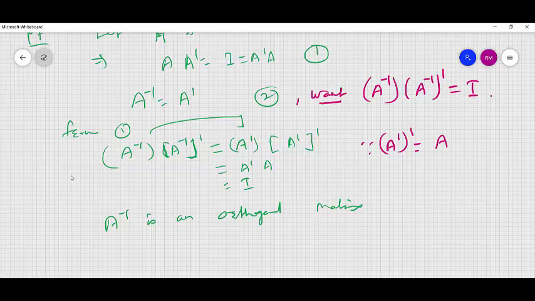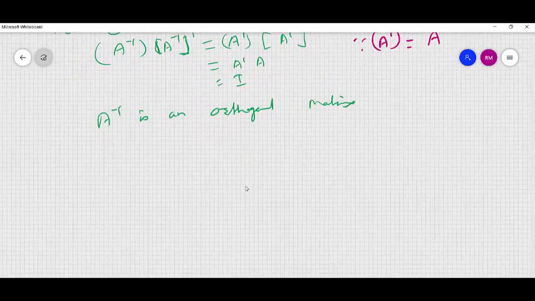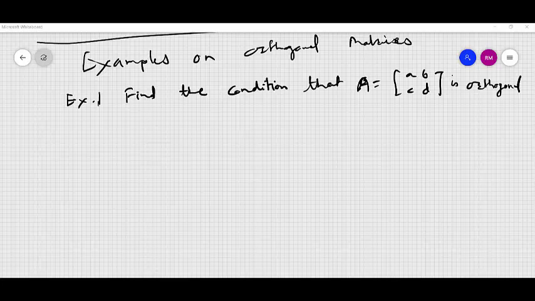Now we take some example problems on orthogonal matrix. Means we take the first problem.